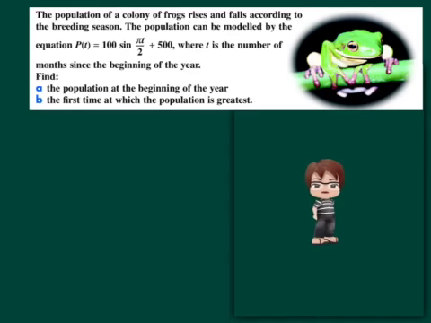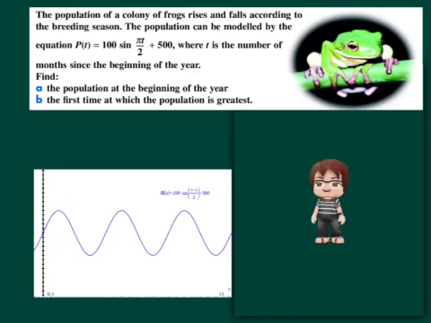In thinking about these frogs, I think it's important that we actually take a sketch of the function so we can see where is the first time where the population is greatest. It's a periodic function, so there's more than one time where the population has a maximum. Let's have a look at this function.